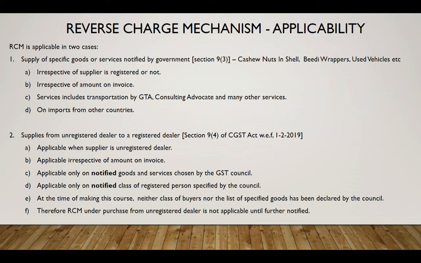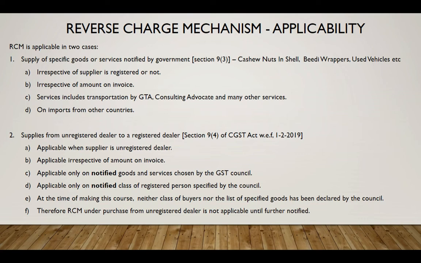Now let's talk about subsection 4 of section 9 of the CGST Act and its cases for reverse charge mechanism. According to this section, reverse charge mechanism is applicable when you buy goods from an unregistered dealer, and only if the goods that you purchase are notified by the government as goods on which reverse charge mechanism would apply.